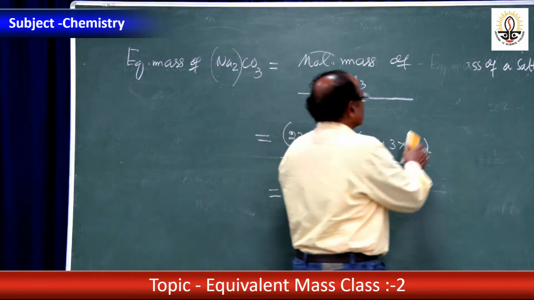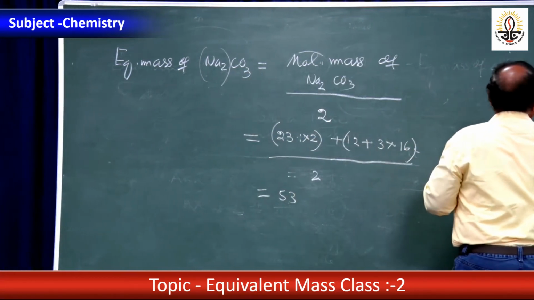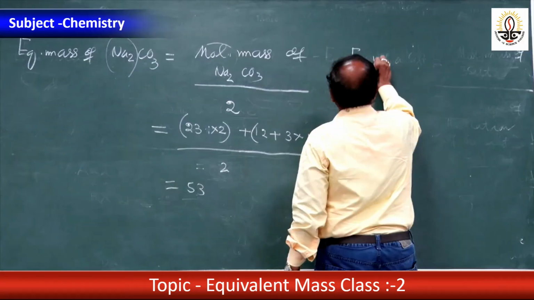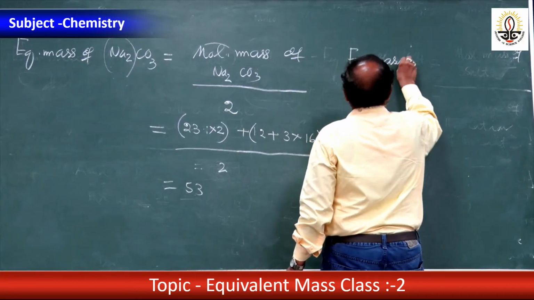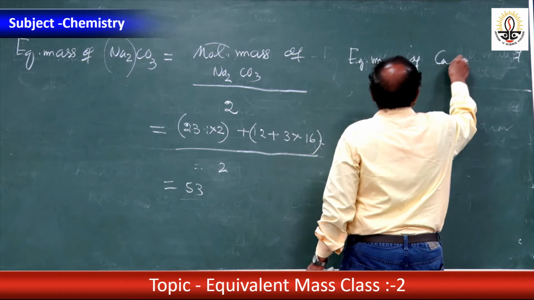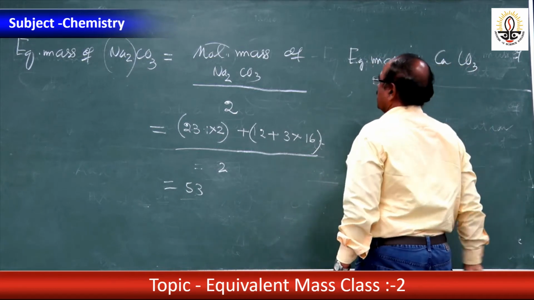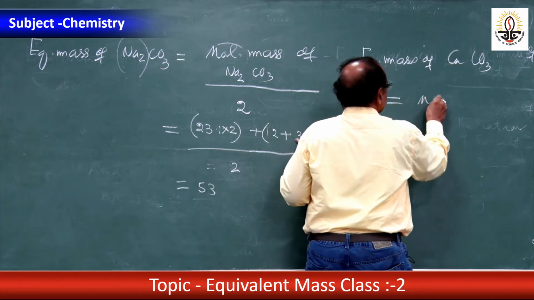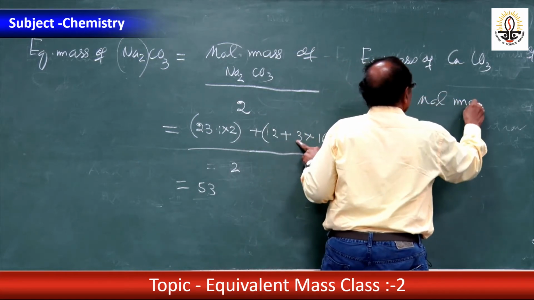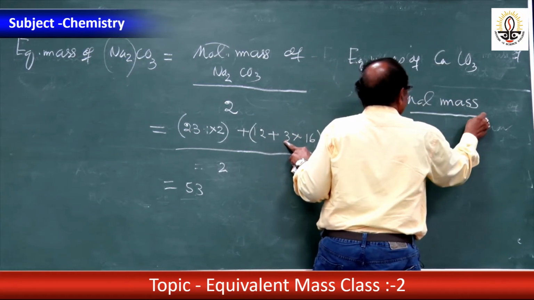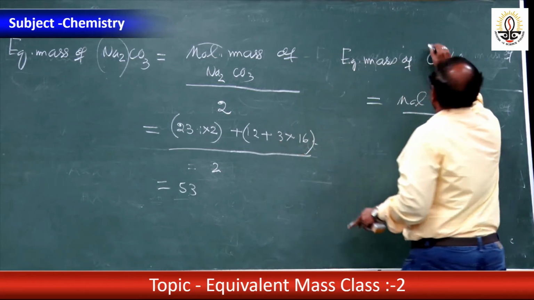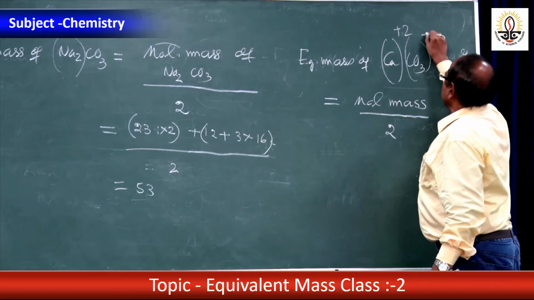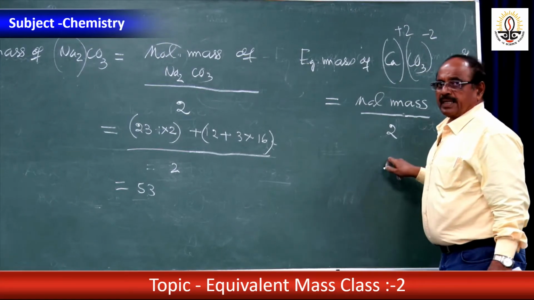Or if you come to the equivalent mass of calcium carbonate, a salt, what will this be? Here it is the molecular mass of calcium carbonate by 2. Why? The valency of calcium is plus 2 and carbonate is minus 2. So molecular mass by 2.